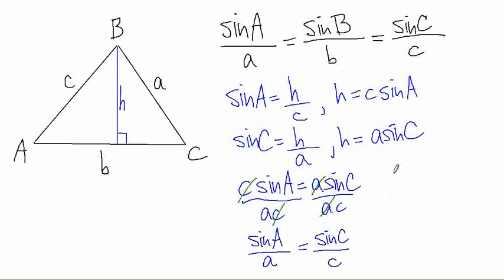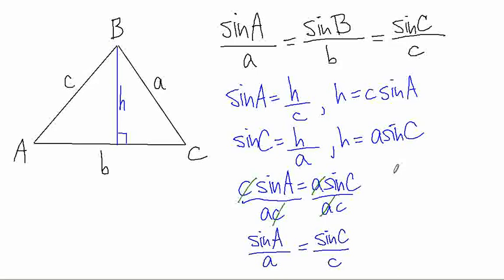Now, every triangle has three altitudes you can draw, with an endpoint at each of the three vertices, right? So I could do a similar derivation to get an expression with respect to the other altitudes.